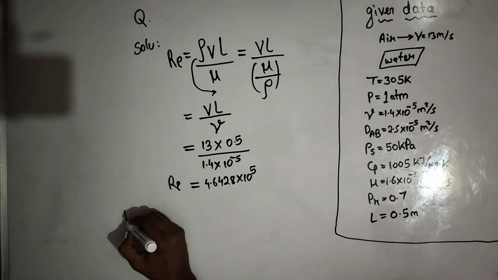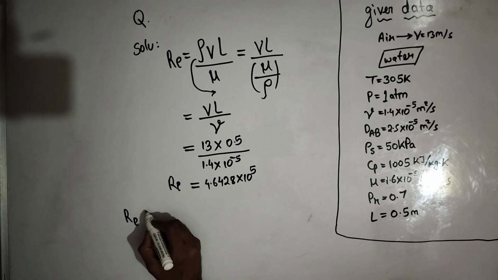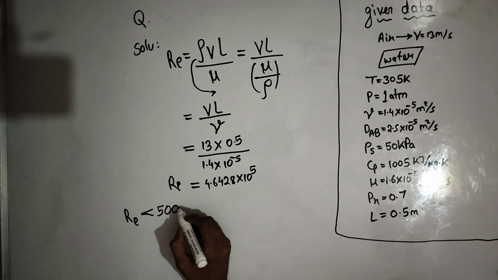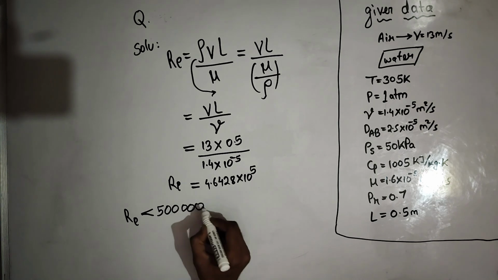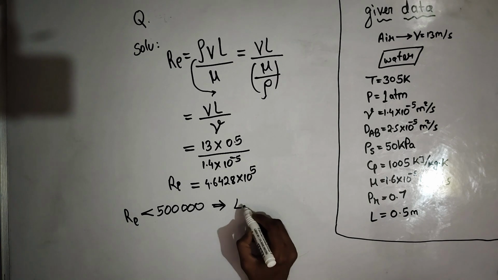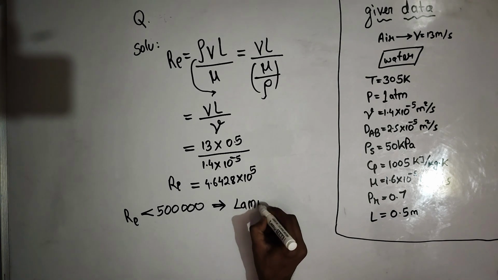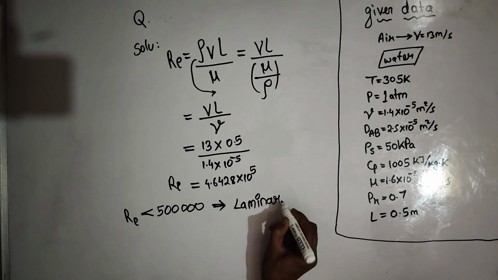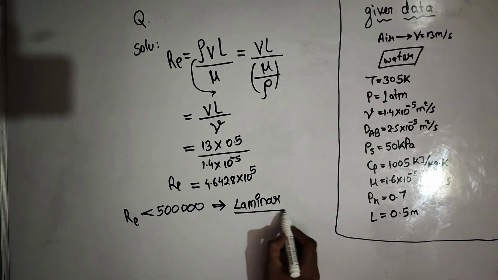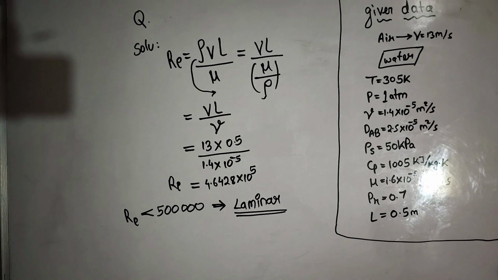After looking at this Reynolds number, we can see that it is less than 5 lakhs, from which we can conclude that the flow is laminar.